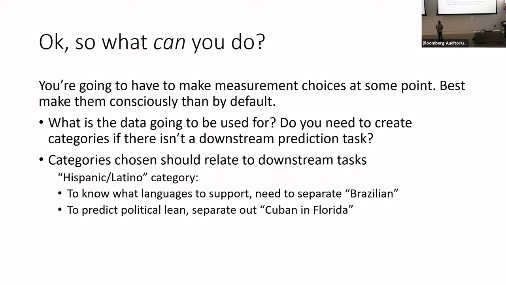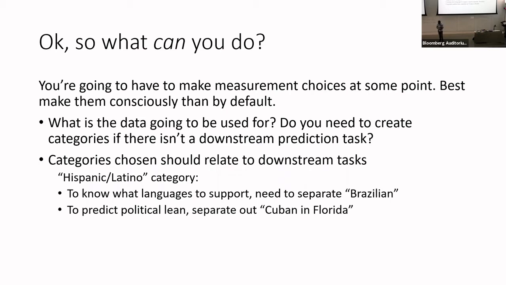Polls tend to assume that if you're Hispanic or Latino, you should press that instead of pressing white and Hispanic and Latino. So that's an example of choices people make in combining categories.